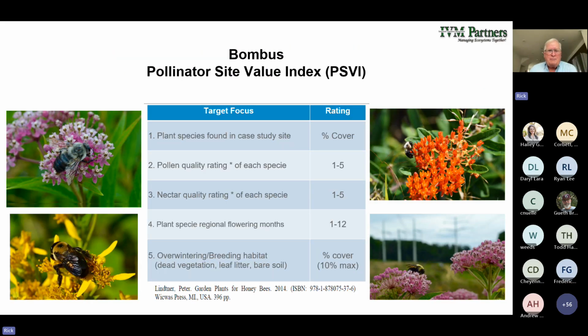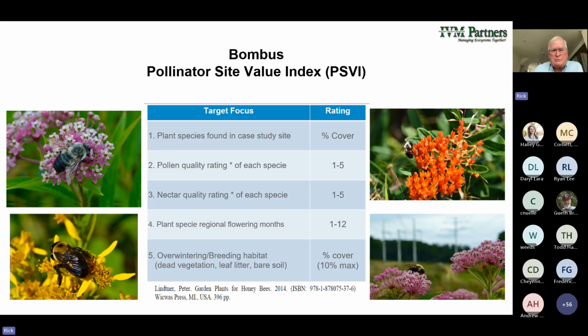Now, one of the things that we've worked on with IVM Partners, our botanist is Michael Robin Hagee. And he took a book that was written by Peter Littner at the University of Delaware called Garden Plants for Honeybees. And he extrapolated that to bombus, which is our native bumblebees, rather than honeybees, which are an agricultural product.